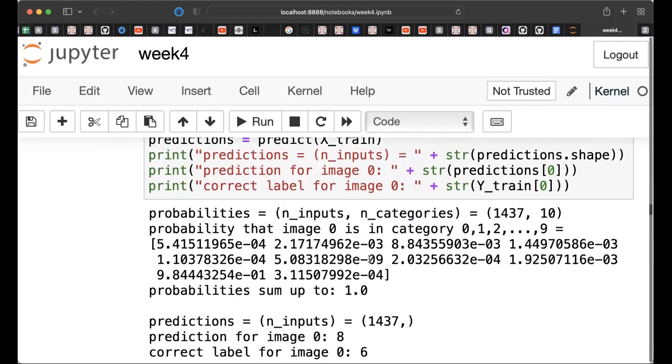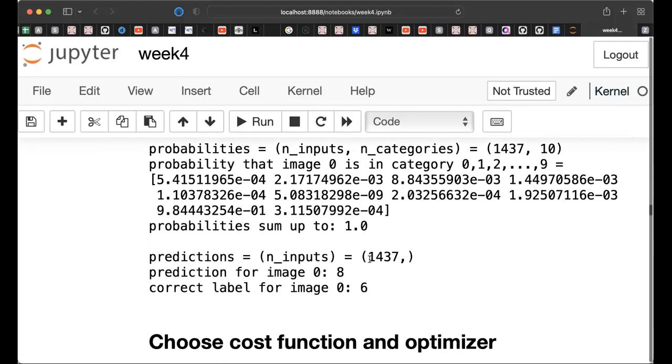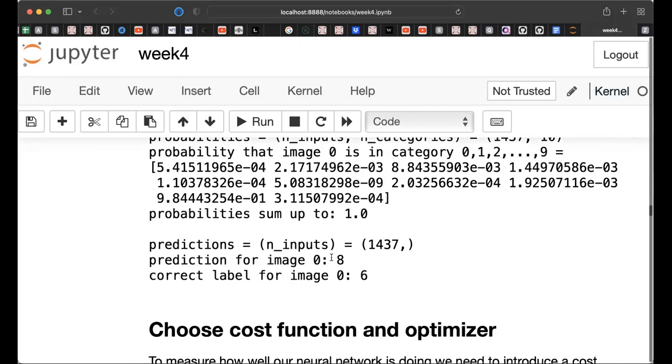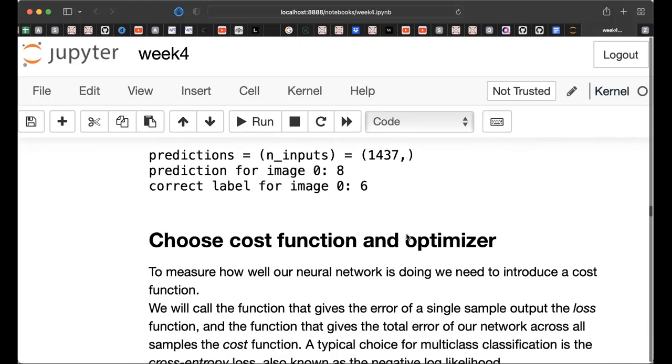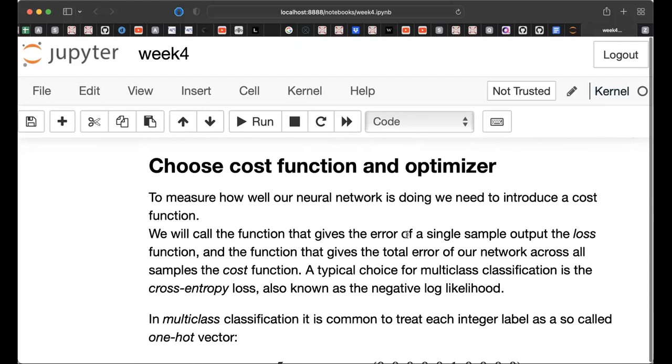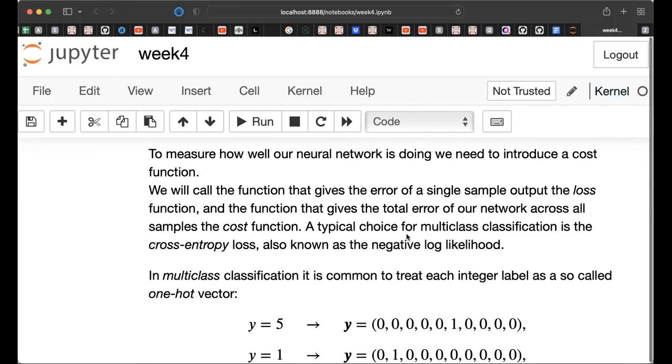This one specific number which I'm looking at is a prediction for a specific image, which I predict to be 8. And the correct label is actually 6. So I didn't do too well. What we need to do now is to define the cost function.